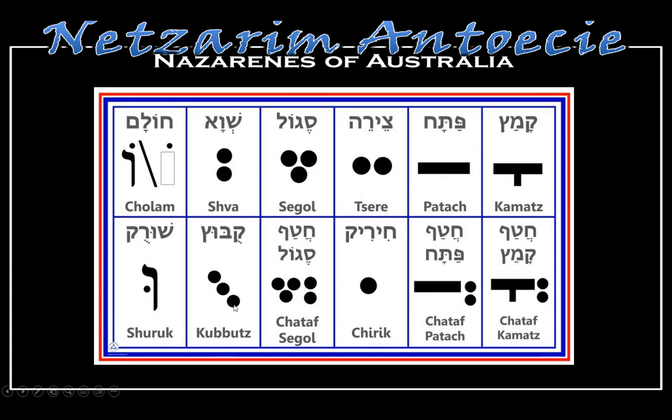So it's a longer U sound when it's got a kubutz. Then we have a kataf segol, which is a combination of shva and segol, which is the short E sound, se. Then we have chirik, a short I sound. We have kataf patach. So patach is an A sound, but a shorter A sound, as in pa. And then we have kataf kamatz. And as we can hear, the ka is a longer A sound.